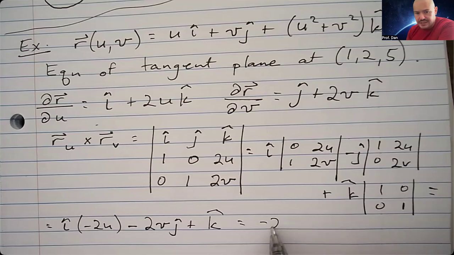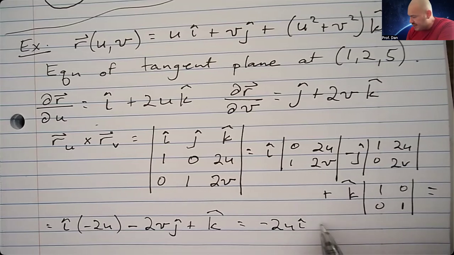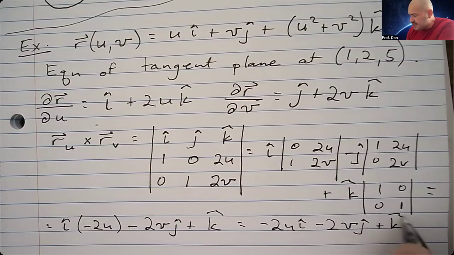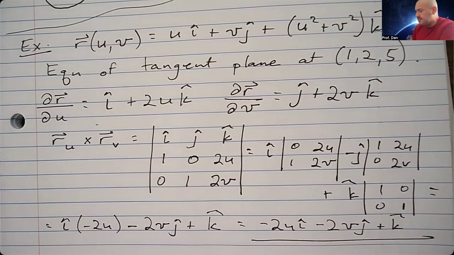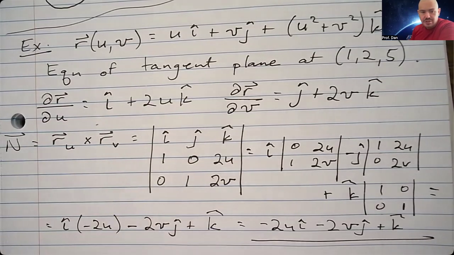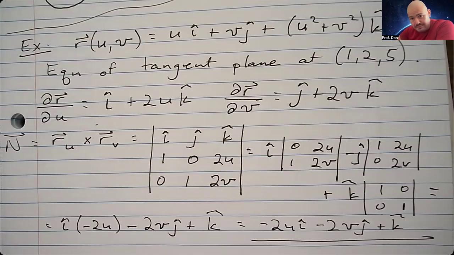So altogether we get negative 2ui minus 2vj plus k. So this will be our normal vector basically at any coordinate.